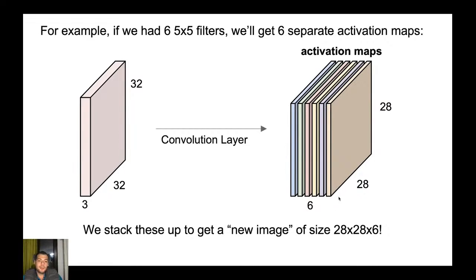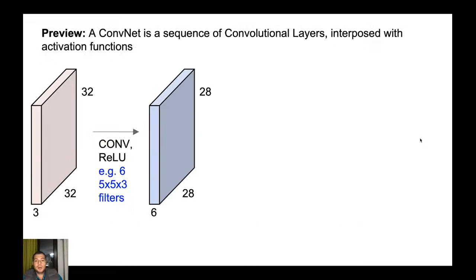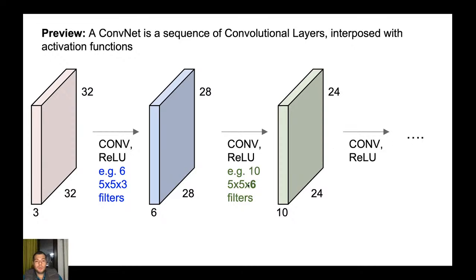This results in a tensor of 28 by 28 by 6. Then when we apply another convolutional layer, the convolutional filters applied on this input tensor have the same depth as the input, so they have the size 5 by 5 by 6.